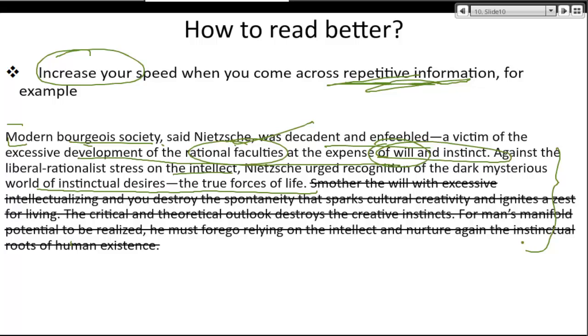Nietzsche urged recognition of instinctual desires. It is as good as saying we are focusing too much on the rational faculties at the expense of will and instinct. Smother the will and you destroy the spontaneity that sparks cultural creativity, ignites the zest of living. So again, if you smother the will, you kill yourself.